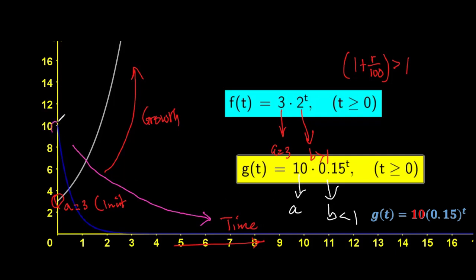And then look at the initial here also. 10 is the initial value. So we see that for growth, the function rises as B is greater than 1. And for decay, the function graph falls as B remains less than 1 and greater than 0.